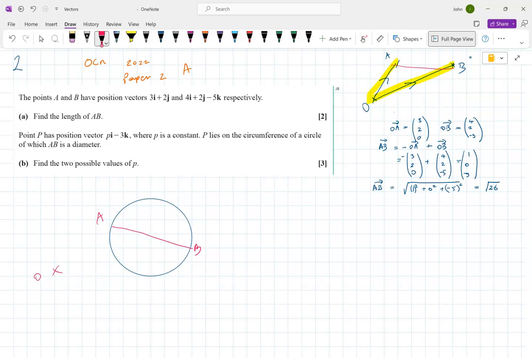O is there, and we've got some other point on this circle, P, and they've given us the position vector of P. So OP is equal to, and again I'm going to change that to columns because I prefer it, but be careful to put the 0 in the right place.